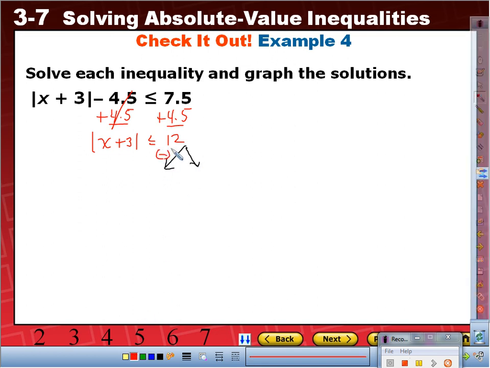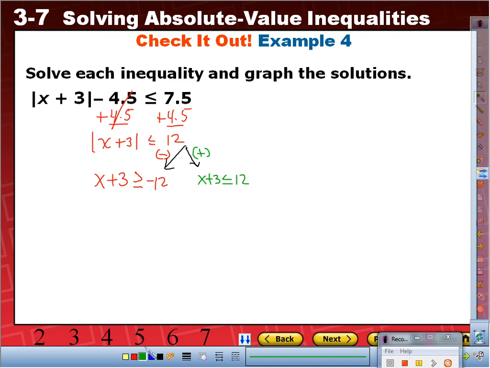A negative: this becomes negative 12, so if we multiply times the negative, we flip the inequality. This stays x plus 3. We write our positive, 12 times the positive stays a positive, so everything is the same. X plus 3 less than or equal to 12 without the absolute value, right?